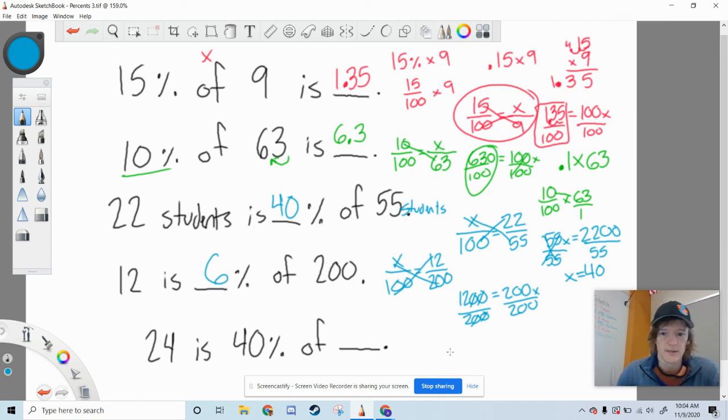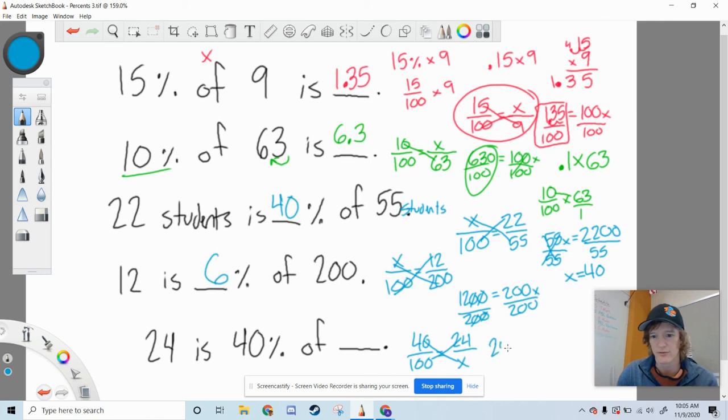Last one. 24 is 40%. 24 out of how much? What's our whole here? 24 out of how many is 40%? So 24 is 40% of what number? So we'll cross multiply here.